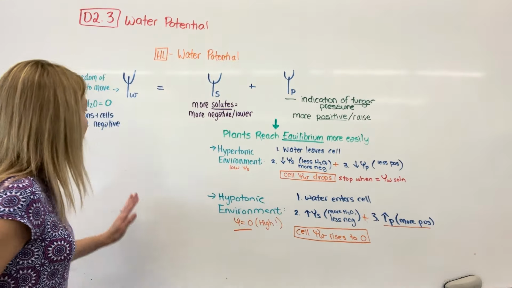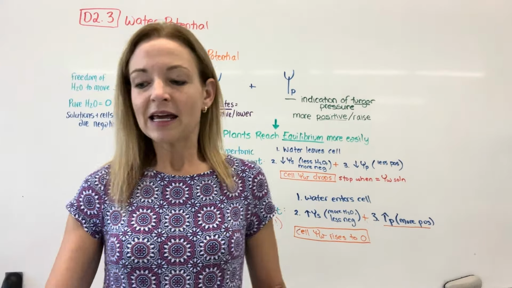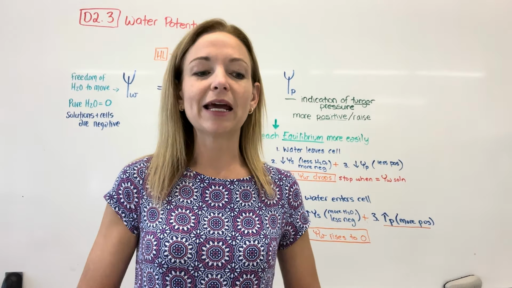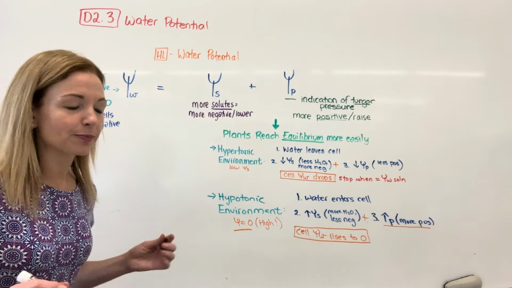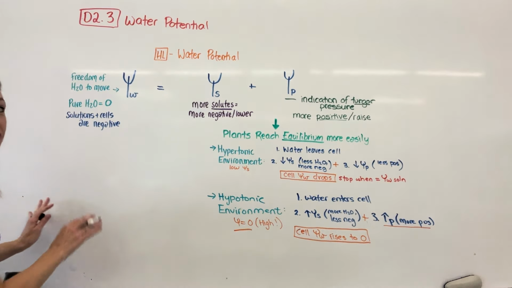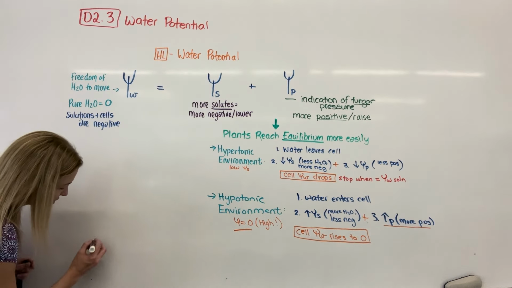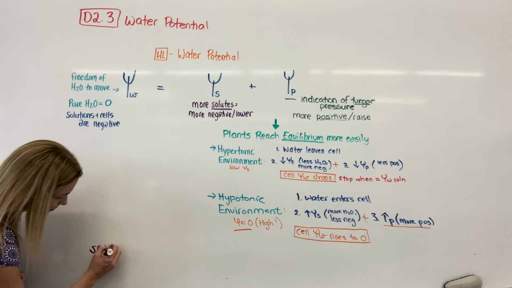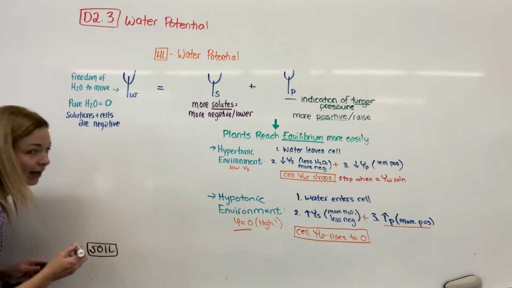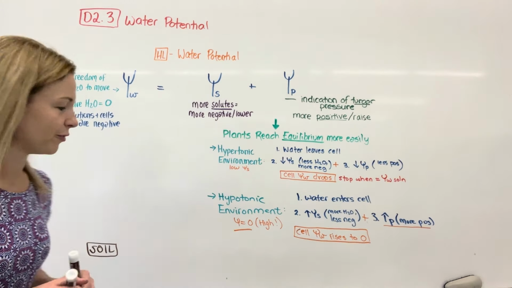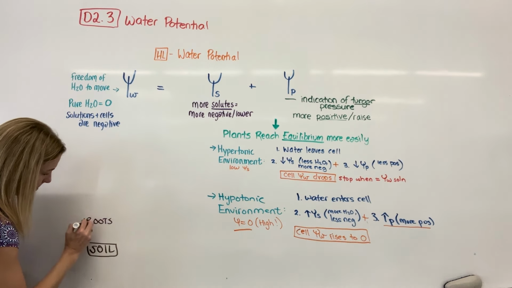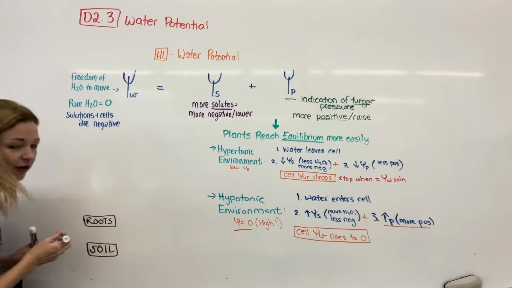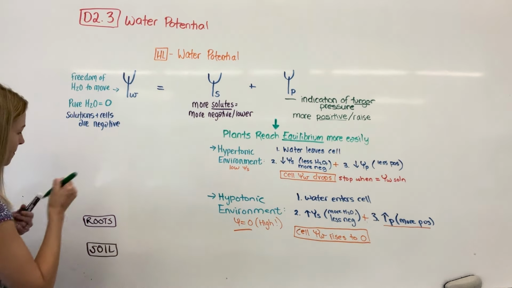The other thing we need to be able to do with this is use it to understand why water moves up in plants. So we're going to do this pretty simply. I'll use just this space that's remaining. So I'm going to have down here the soil, and then in the soil, I'm going to have the roots. From the roots, I'm going to have the stem.